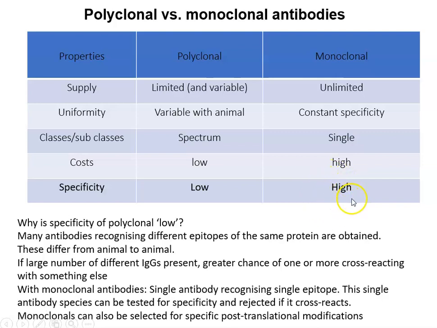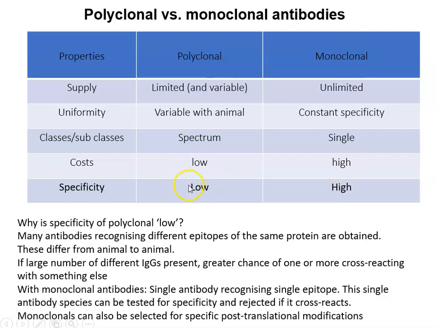And specificity is very high, because each antibody is programmed to recognize one epitope, whereas here you might have got 40 or 50 antibodies all binding to the same protein. If you have a single antibody species, then you can assay to find out if that antibody recognizes something else, and if it does, you throw it away. You work on antibodies that only recognize a single epitope.